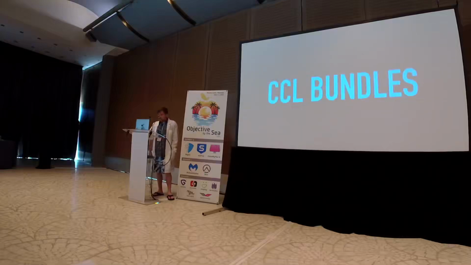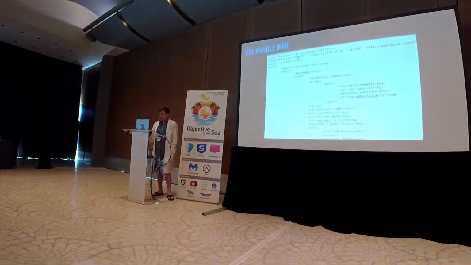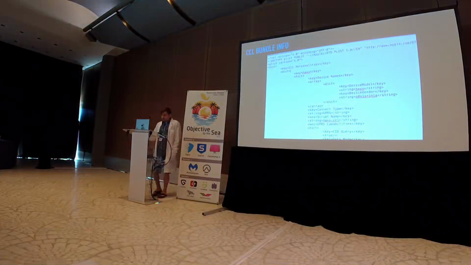So what's in a typical CCL bundle? It's really just a folder with an info list and a CCL script. This is my info list, and you can probably start to get at where I'm going on the next slide.